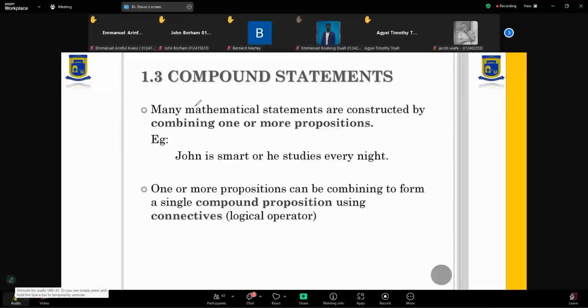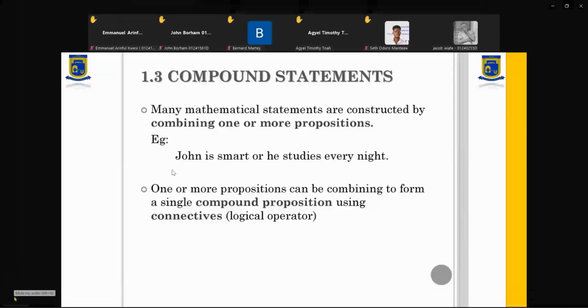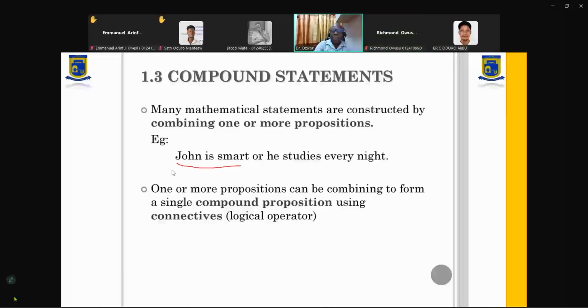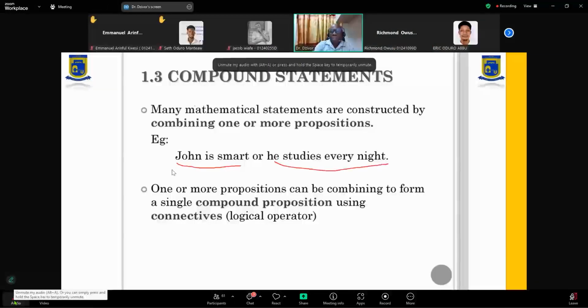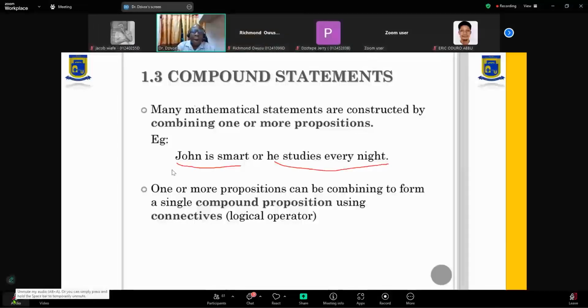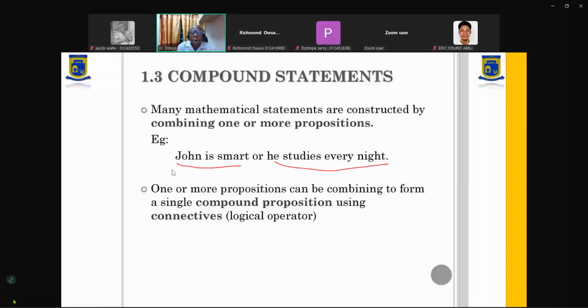So, John is smart. John studies every night. I hope you can see that. These are two simpler statements that are combined with Boolean connectives to form a compound statement. Which connective combines the two statements together in this case?